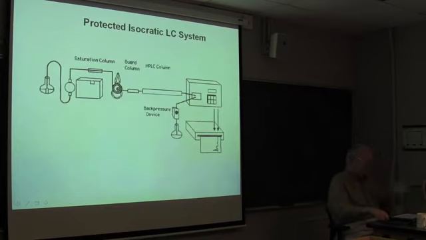Okay, we go back to the isocratic system. We're going to make it a little more complicated. These columns don't last forever because you may be using an aggressive mobile phase. So sometimes what's done is to put in what's called a saturator column, or you could call it a sacrificial column.